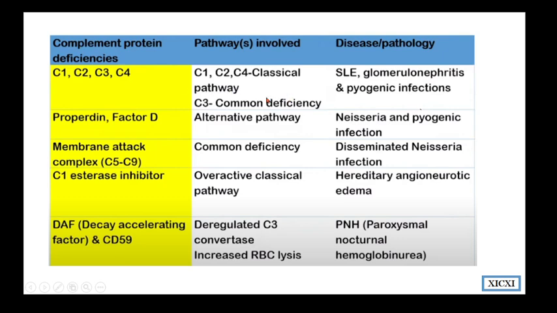Those complement systems are helping us in preventing pathogens. Once you have deficiency of one of the nine proteins, you're going to end up in pathology, disease. For example, C1, C2, C3, C4. Once they are deficient, you're going to have systemic lupus erythematosus. There is glomerulonephritis, pyogenic infection.